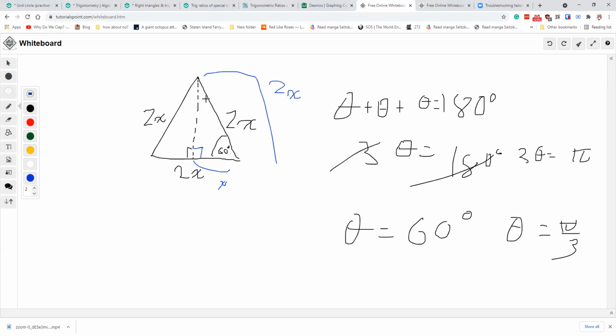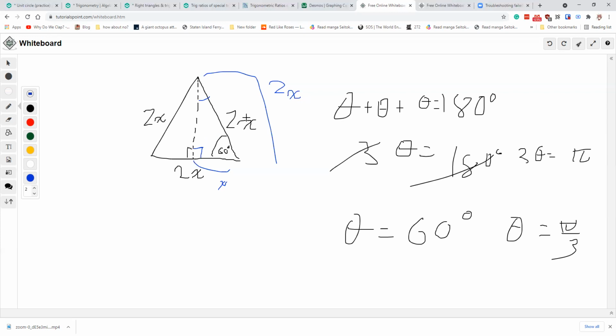Therefore, what must this final angle be? Well, 180 minus the sum of this angle and this angle has to be equal to whatever the other angle is.